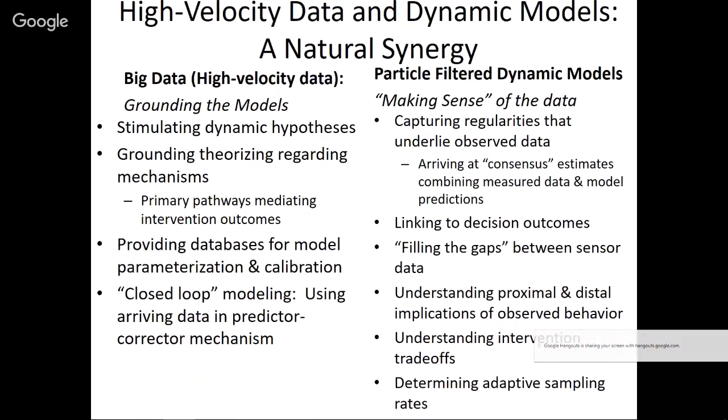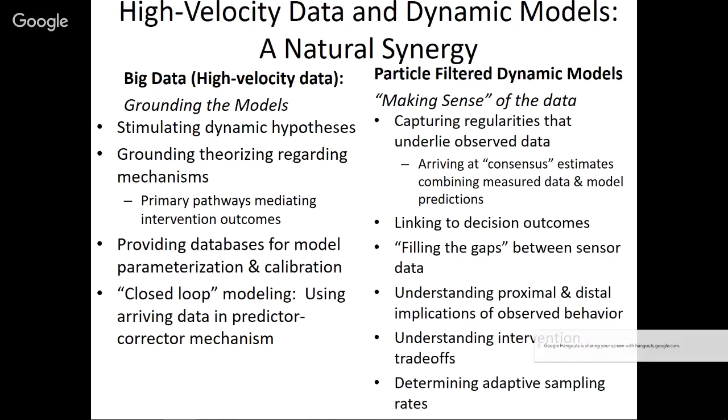It's my own conviction that particle filtering as a methodology works particularly well with aspects of big data, high velocity data, with the big data grounding the models and supporting hypothesizing with the models.